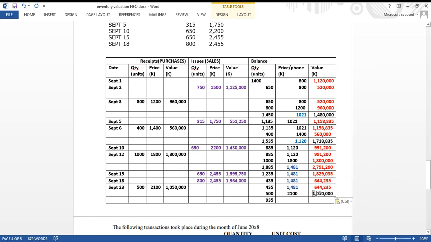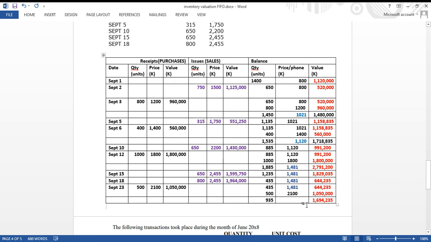All right, so we're going to total up here 644,235 plus 1,050,000 plus 644,235. We're going to get 1,694,235. So this value, we are going to divide it by the number of units.